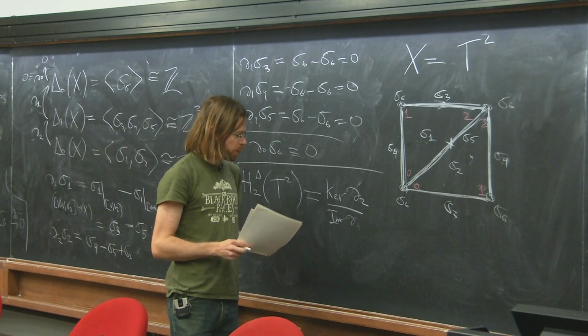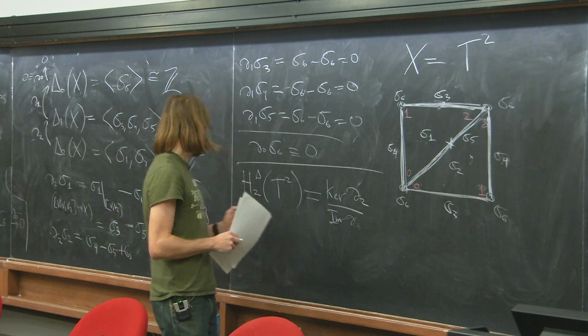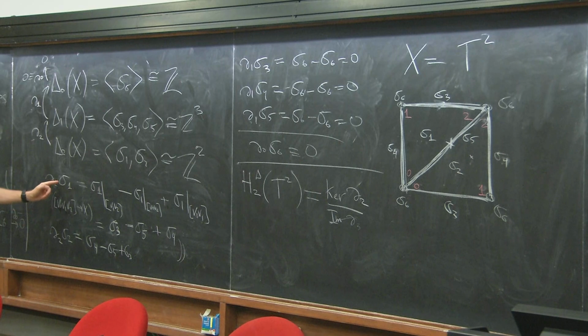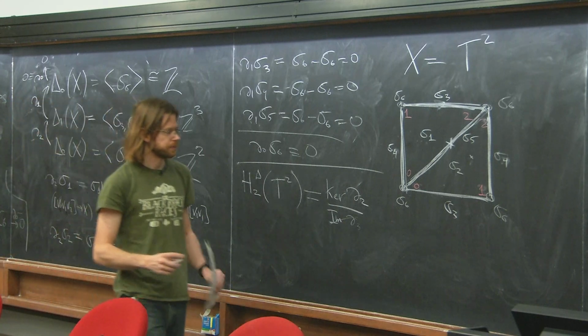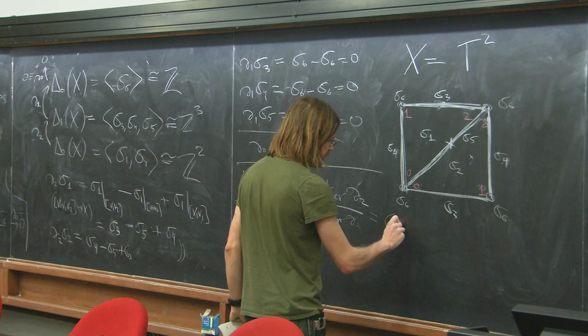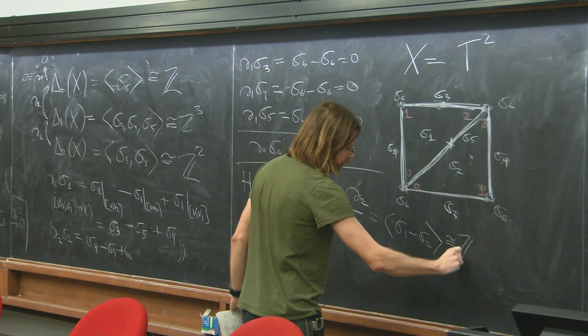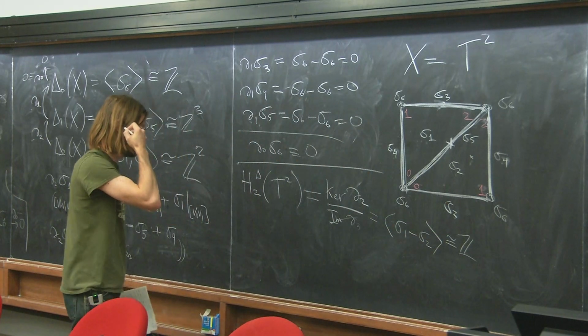So this is the empty subgroup. So you just need to consider the kernel of D2, and you see that the kernel will be generated by the difference between sigma 1 and sigma 2. Each individual one of these guys is not in the kernel, but the difference is in the kernel, generated by the difference. And this is isomorphic to that.